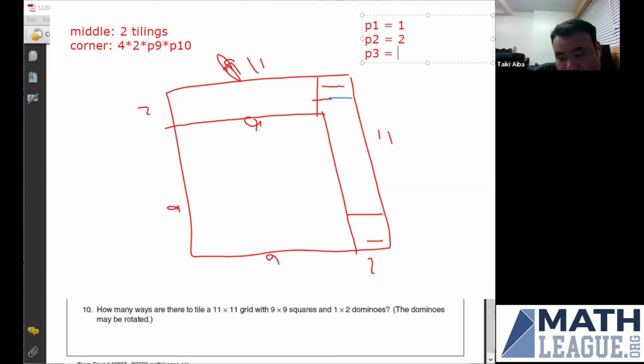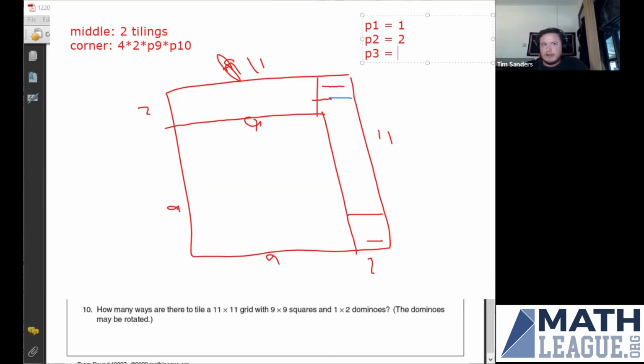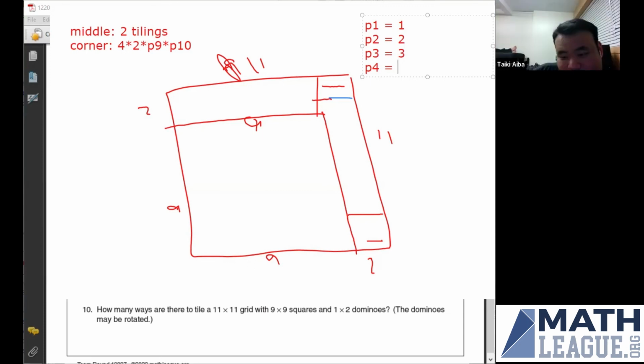There's only 3 possibilities. If they're all vertical, that's one thing. If anything is not vertical, that means I've got a pair of horizontals, and then I have 2 options with a vertical on either side. So that's a 3. And then P4: they could all be vertical, that's a 1.